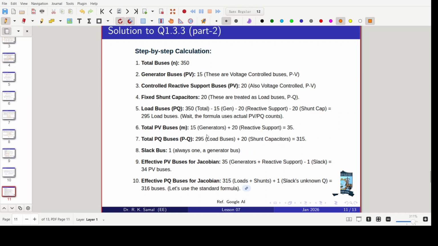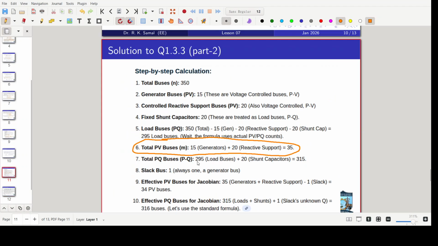There are 15 PV generators, whereas there are 20 reactive power support capacitors which provide reactive power Q, and hence the total number of PV buses becomes 35. Instead of 15, it should be 35. You need to note that the total number of PV buses is actually 35.